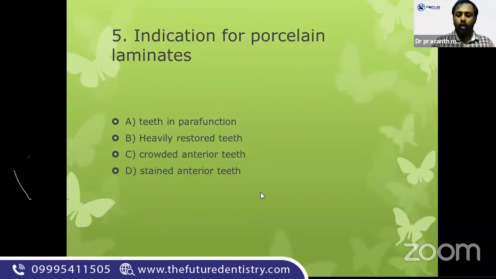While restoring with composite, we etch the tooth, apply bonding agent, and then apply composite over it. So that bonding agent for ceramic is the silane coupling agent. That is known as silanization.